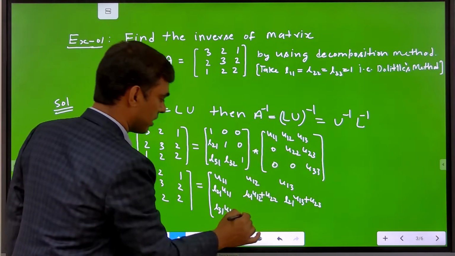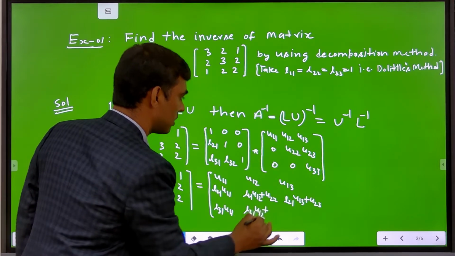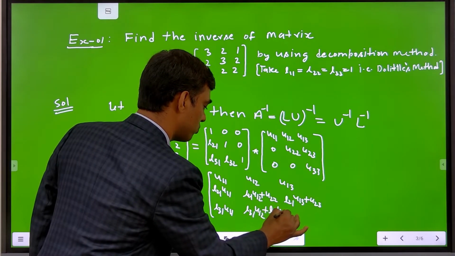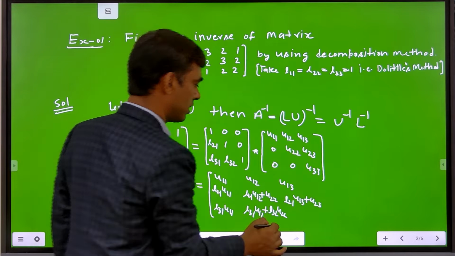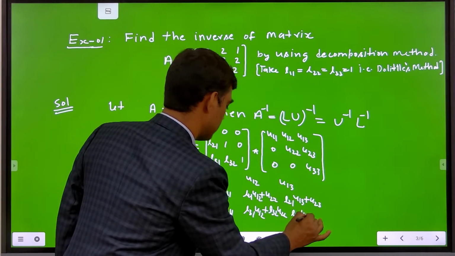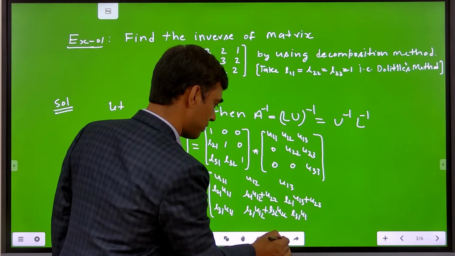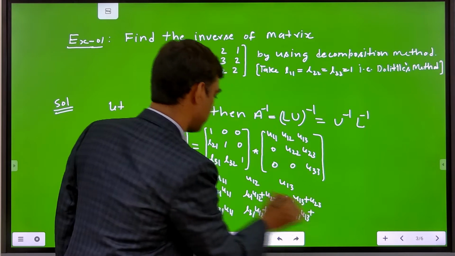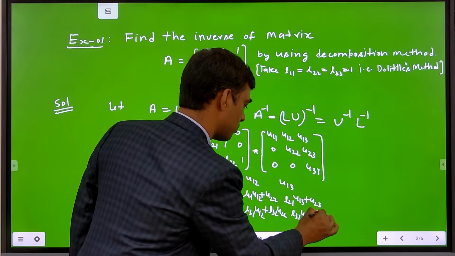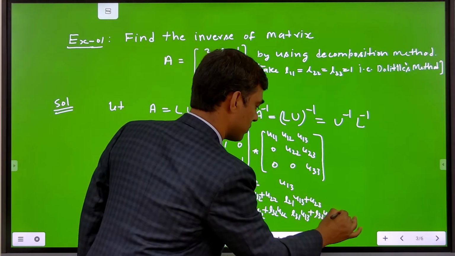Third row, second column is L31 U12 plus L32 U22. And third row, third column becomes L31 U13 plus L32 U23 plus U33.